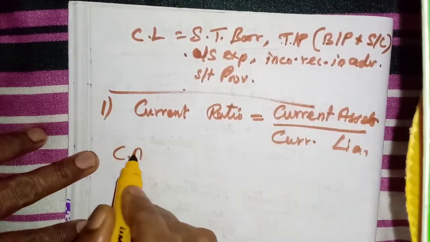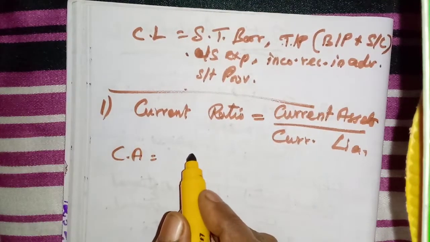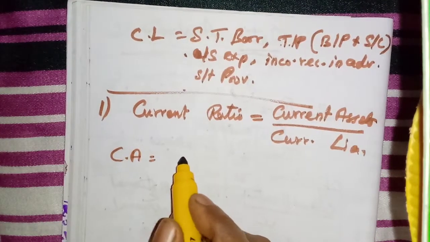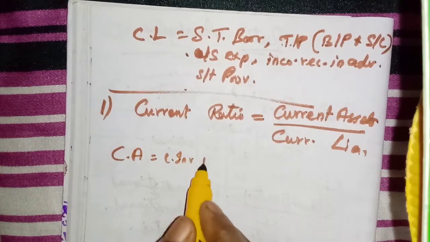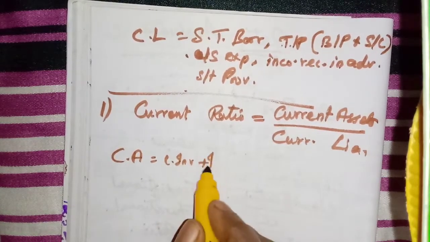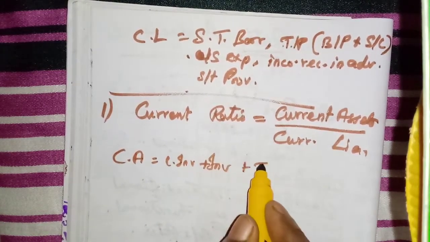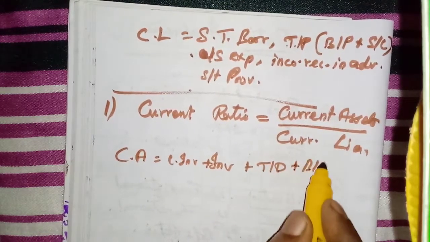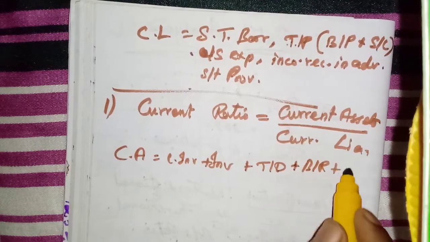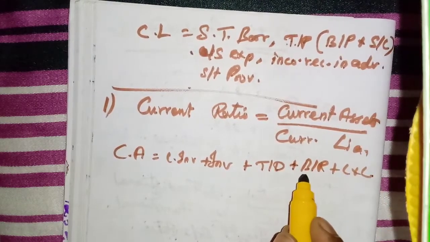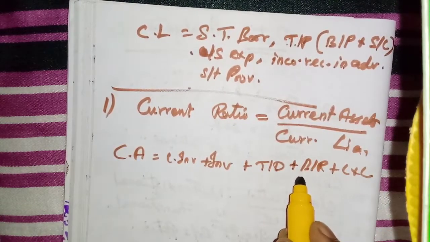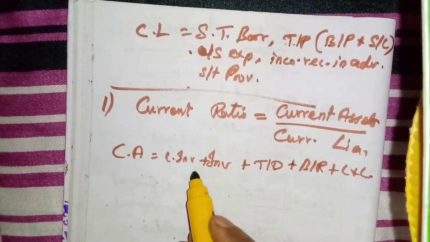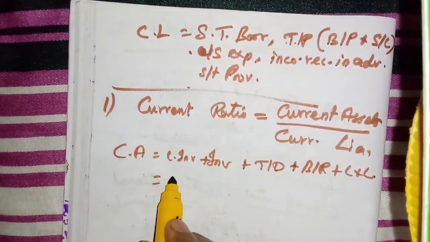Now current assets is equal to, what are the assets given? You have to write first current investment, then inventories plus trade debtors, you write fully, then bills receivable plus cash and cash equivalent. Then on the other side fixed assets, trade creditors, bills payable, expense payable, non-current liability will not come, isn't it? So now you write the amount.